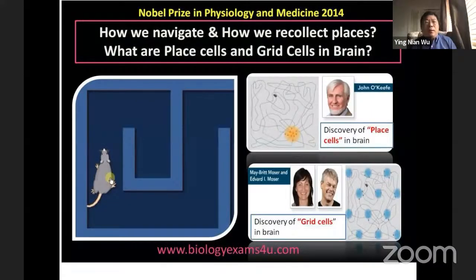Okay, so the discoveries of the grid cells and also place cells were awarded the Nobel Prize in Physiology and Medicine in 2014. So the grid cells were discovered by May-Britt Moser and Edvard Moser. And the place cells were discovered by their teacher, John O'Keefe, and the three shared the Nobel Prize.